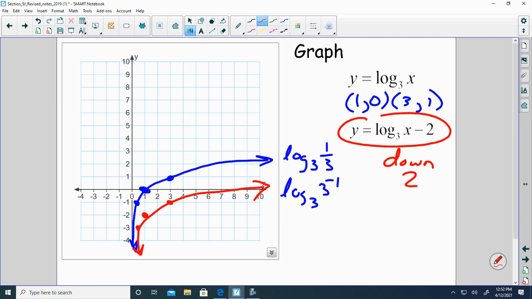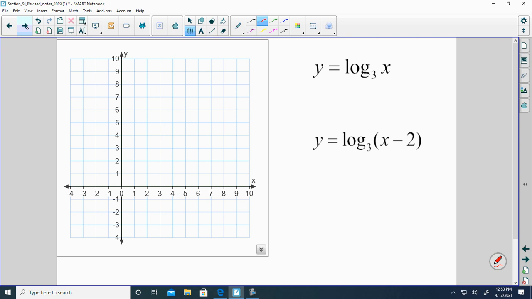So if you understand the shifting, if you have the parent function, you don't necessarily have to worry about plugging in values with log base 3 of x and then subtract 2. If you realize the whole thing shifts down. Questions? Good.